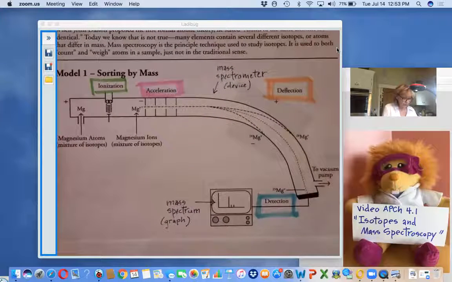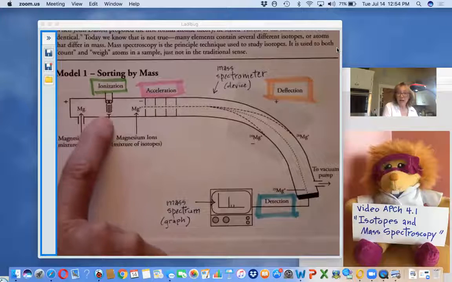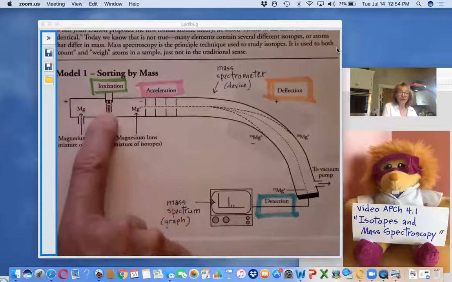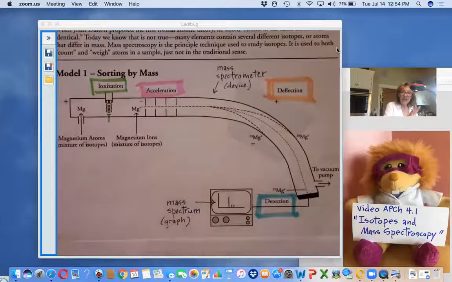First of all, your sample of magnesium, which is a mixture of the three isotopes, is inserted into the device here. The first thing that's going to happen to those magnesium atoms is that they're going to be bombarded by ionizing radiation. The purpose of that is to convert these neutral atoms into ions by knocking off an electron.